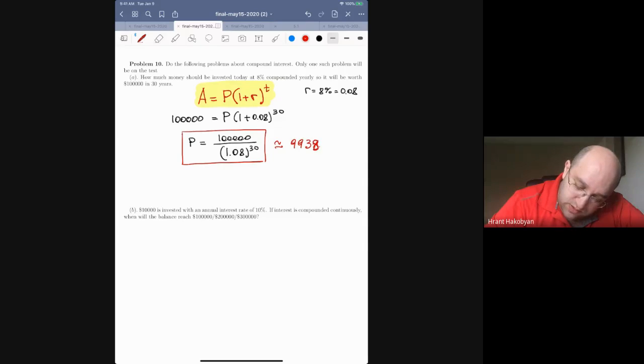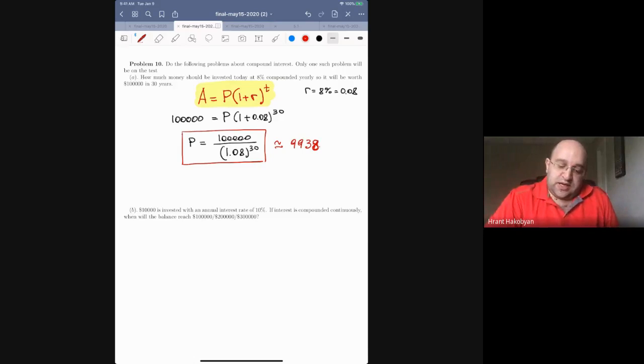So that's the amount you have to invest today to have 100,000 in 30 years, if you have an account that's giving you 8% per year.